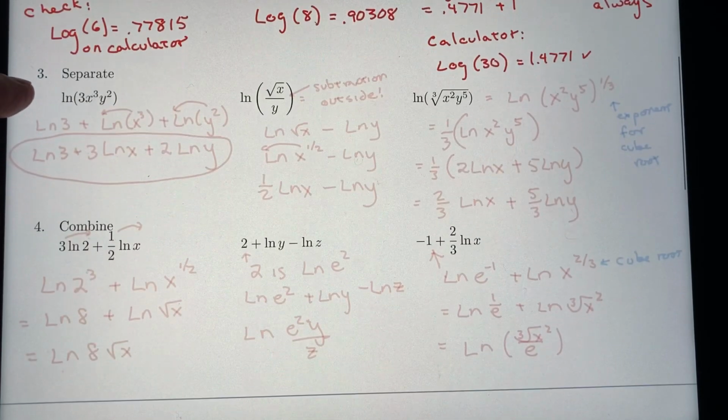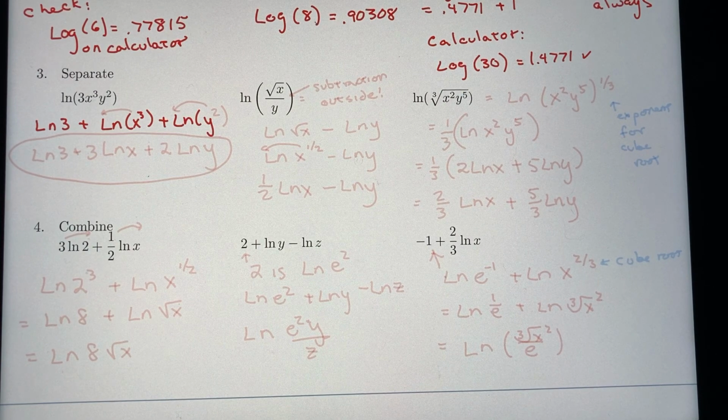All right, so let's practice splitting things up. ln3 plus ln x cubed plus ln y squared. The main operation was the multiplication, so we split it up that way. And then we pop exponents. We've done popping exponents in a previous problem set, but we need to keep practicing that.